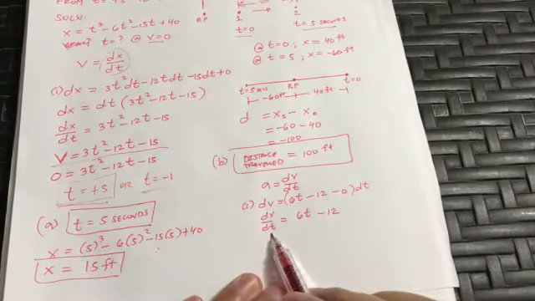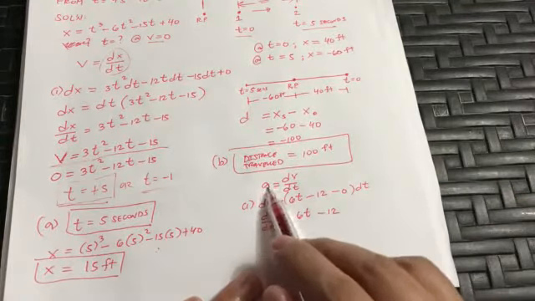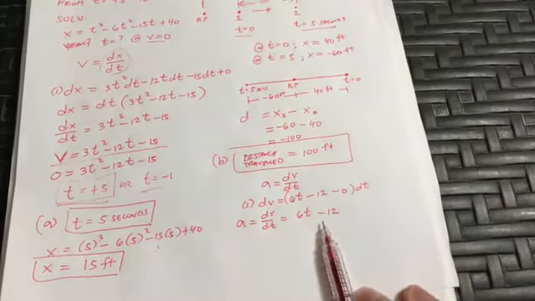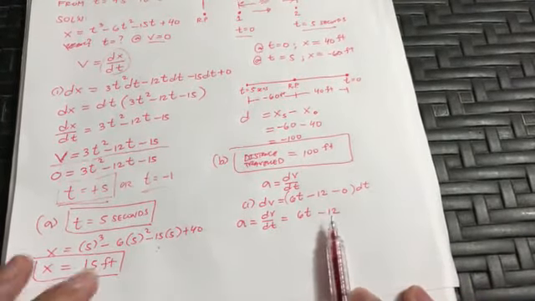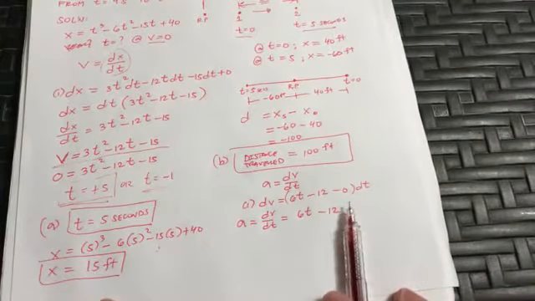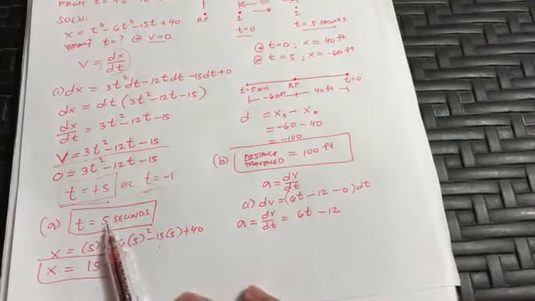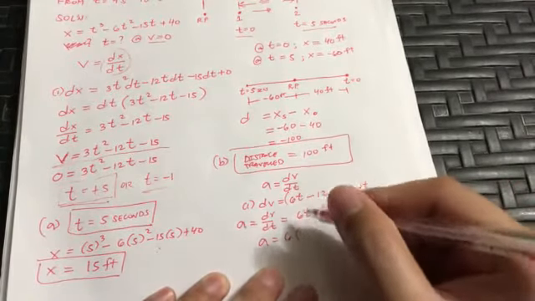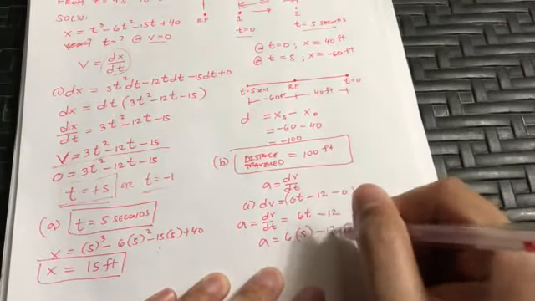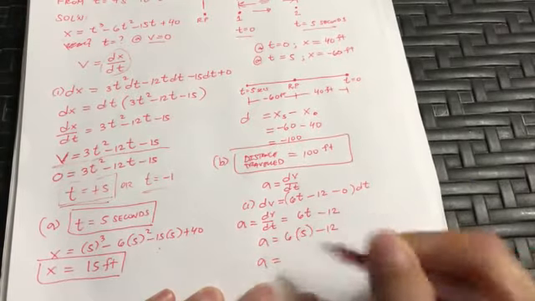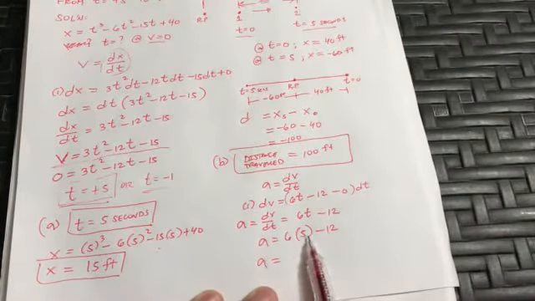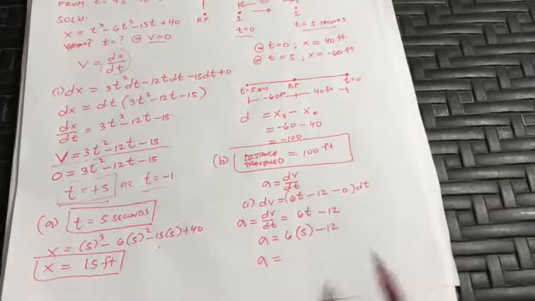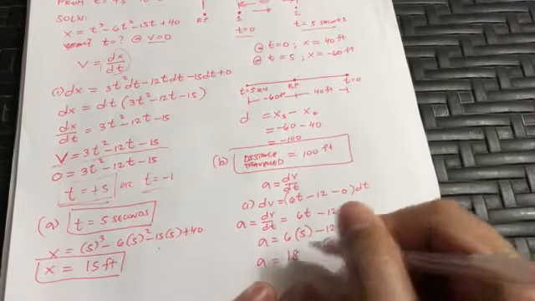And we know dv over dt is acceleration. So we have our equation here. The question is, what is the acceleration at time 5 seconds? So we substitute a is equal to 6 times 5 minus 12. 6 times 5 is 30, 30 minus 12 is 18.